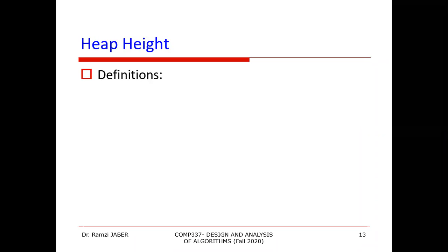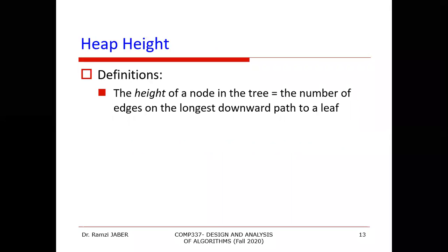Heap height, how big or how tall the heap is. Definitions. The height of a node in the tree equals the number of edges on the longest downward path to a leaf. Height is usually measured from the ground to the ceiling, not from the ceiling to the ground, so from bottom to top.